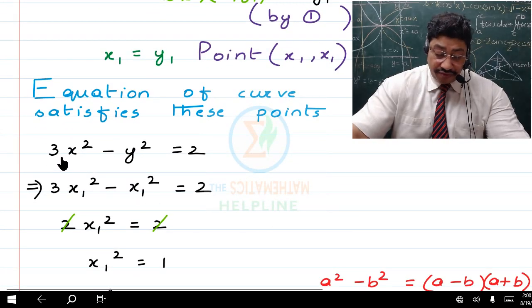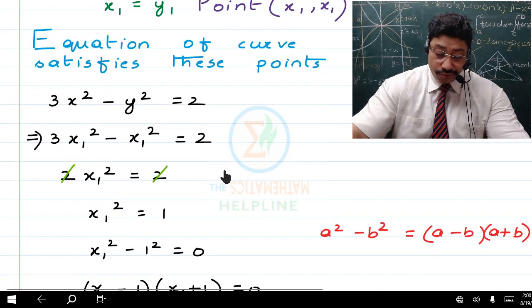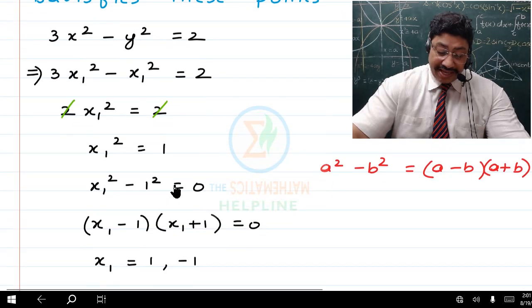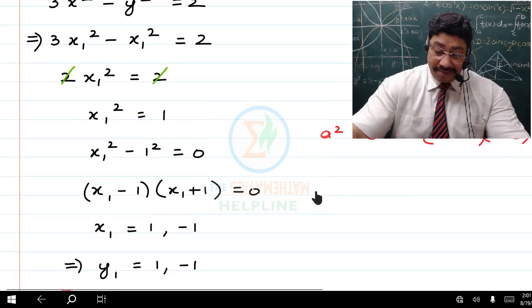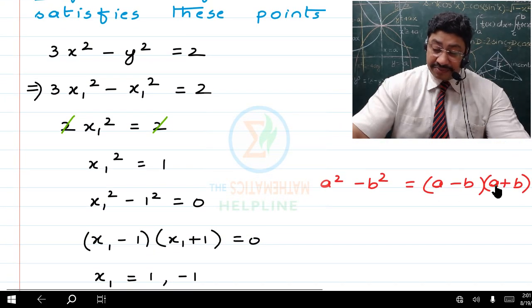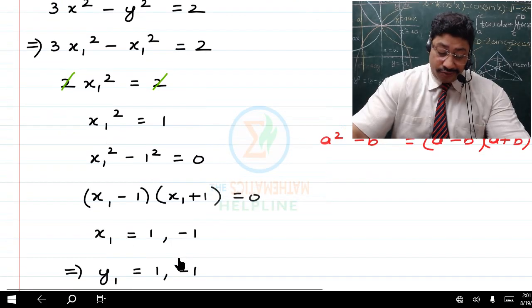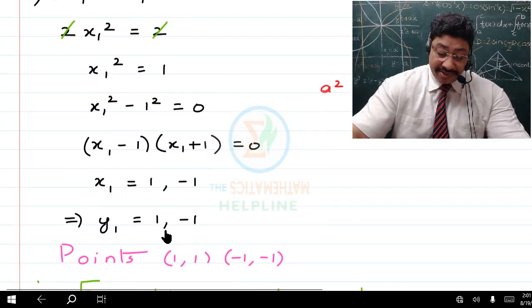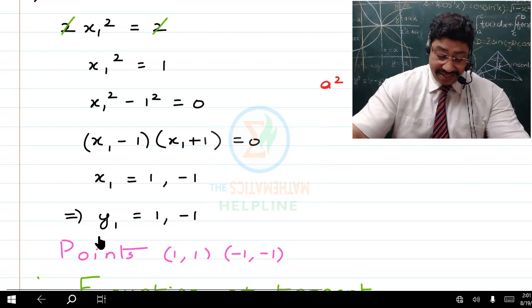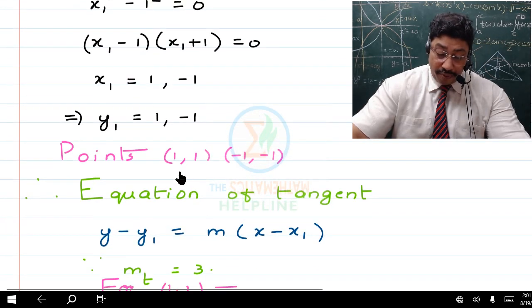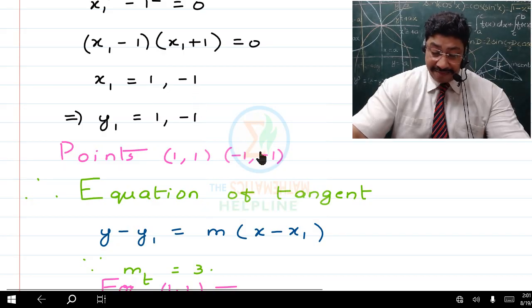So we have 3x1 square minus x1 square is equal to 2, to get cancelled from both the sides. We get the value of x1 by applying a plus b times a minus b, right, to be plus 1 and minus 1. And similarly, the value of y1, as it is equal to x1, will become 1 comma minus 1, right? So the points are either 1 and 1, or they are minus 1 and minus 1.